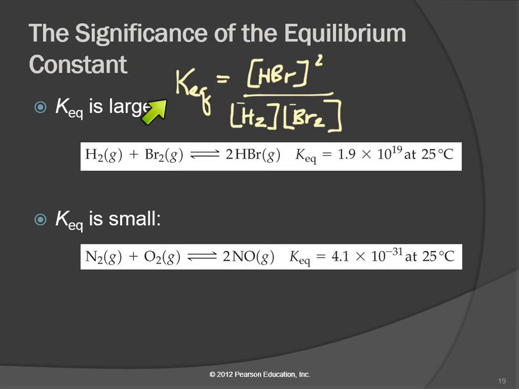So if this is a really big number, which experimentally they've determined it is, that tells us that the number on the top, the numerator, has to be large and the denominator has to be small. So large KEQ says we've got a lot of product, we have very little reactant at equilibrium. So we've got more product.